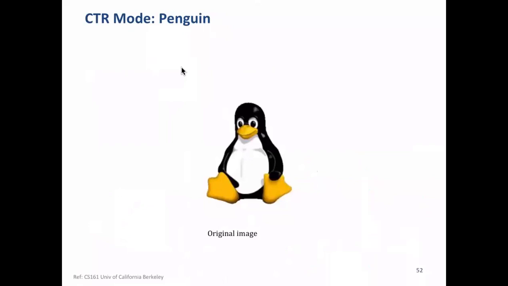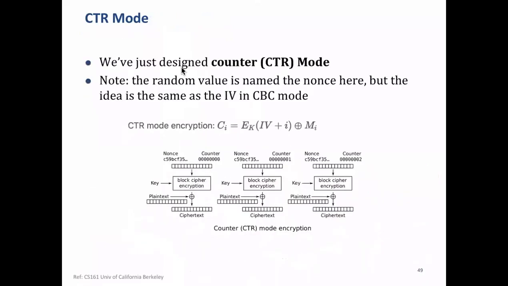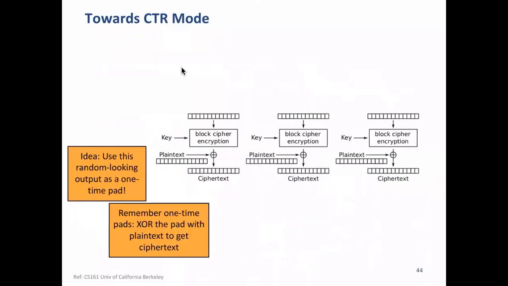All right. So if you now apply CTR mode to Penguin, we'll get this one. This looks very similar to what we have seen in the earlier case, in the CBC case, right? Exactly similar.